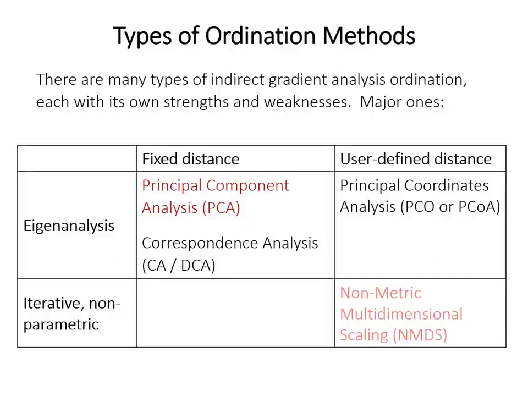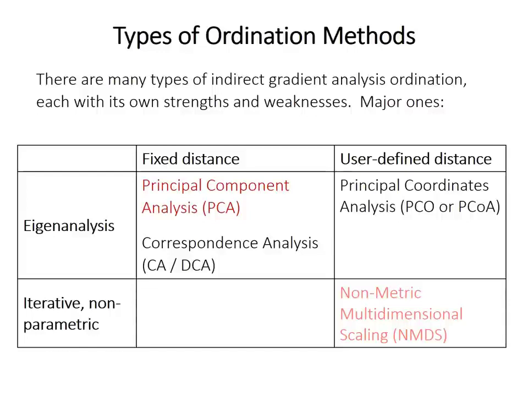So there are a variety of types of ordination, with different strengths and weaknesses. They're applicable in different circumstances with different types of data. This table lists some of the major ones. They're grouped in two ways. First, by how they measure distance between points, and second, by how they determine the new axes that we use for data rotation. Some methods allow you to choose the measure you're going to use for distance, one that might be appropriate for your particular type of data. But others use a predefined and fixed distance measure.